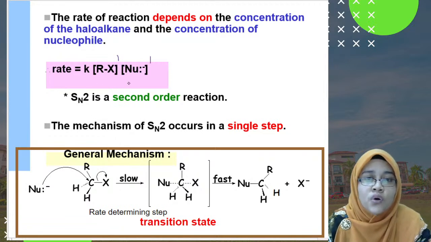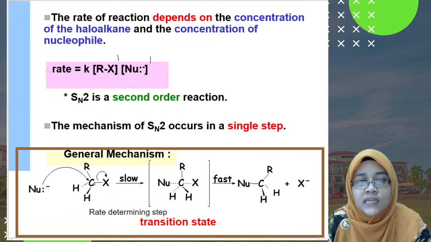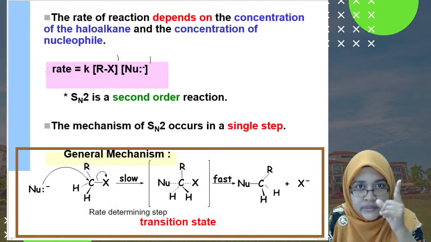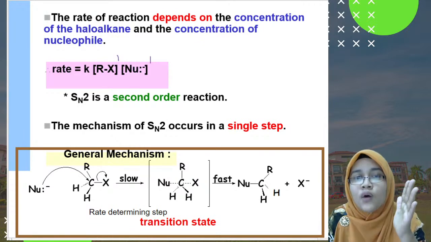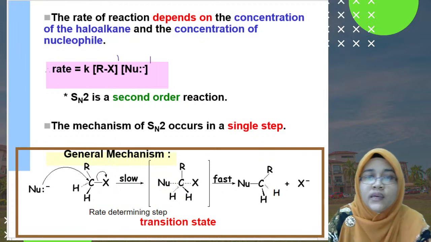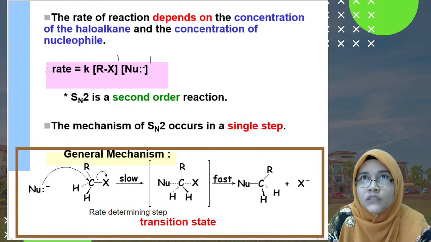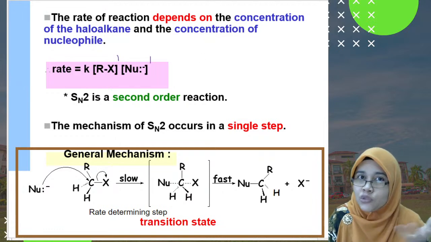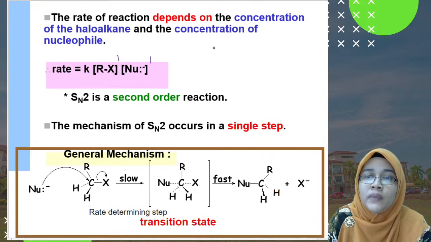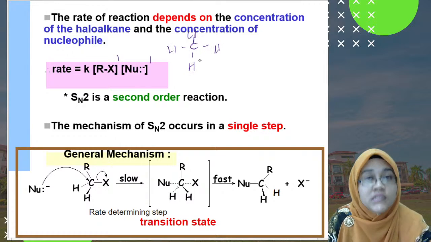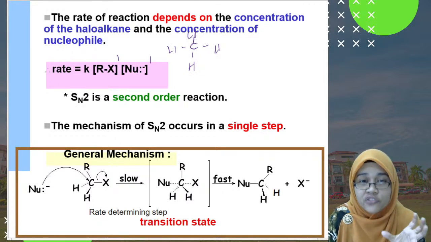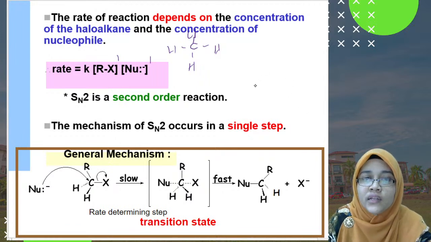Alright. So for the SN2, the first thing is you have to draw the haloalkane tetrahedrally. Here, for example, I want to draw chloromethane, because it is favorable to undergo SN2. Chloromethane is CH3Cl. You draw it tetrahedrally. So how to draw tetrahedrally?